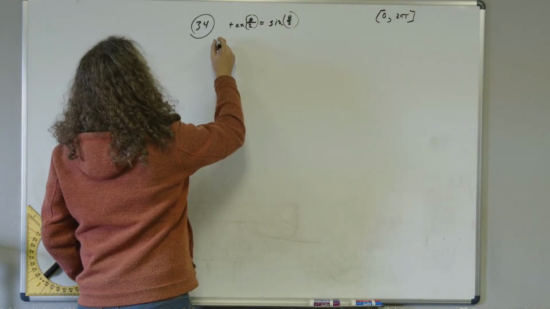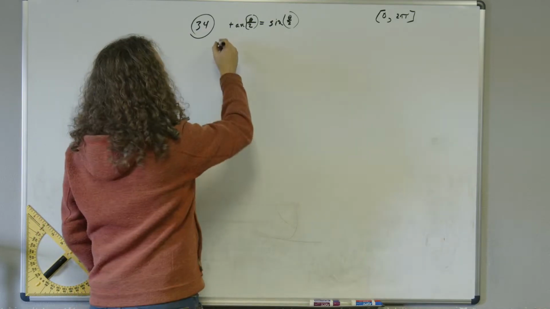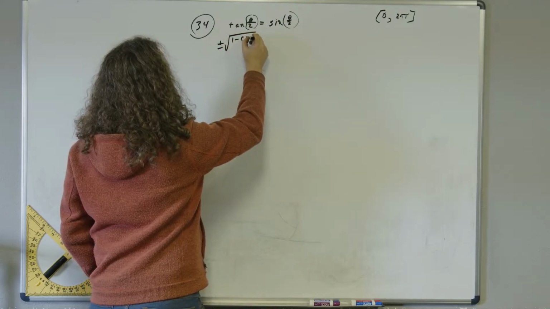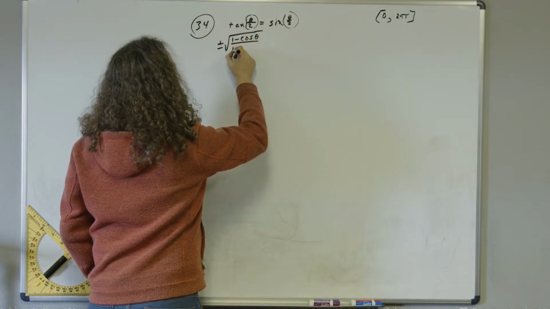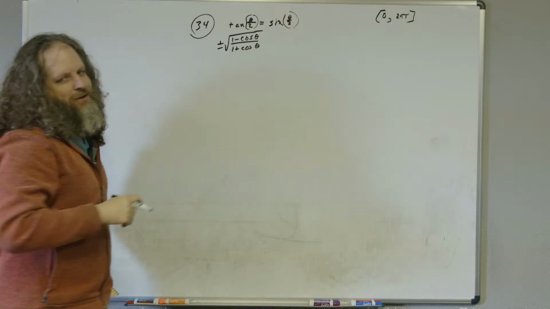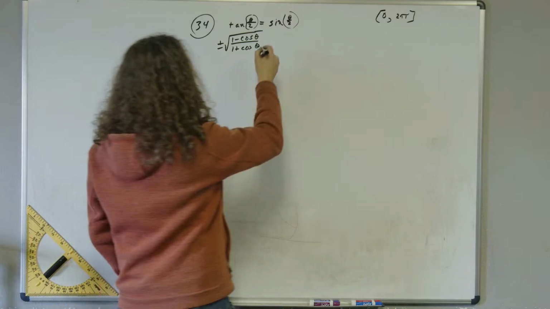Well, there's 3 of them. The one that works is plus or minus square root of 1 minus cosine over 1 plus cosine. We want one that's only in cosine, right? Because the rest of them are only in cosine. So that's definitely what we want.